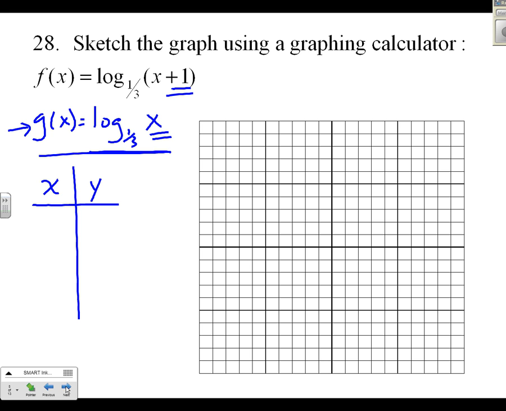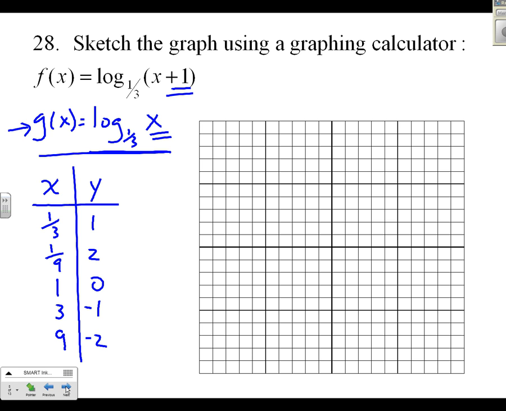Well, 1/3 could easily be turned into 1/3 with an exponent of 1. 1/3 could be turned into 1/9 with an exponent of 2. 1/3 could be turned into 1, as could anything, with an exponent of 0. And 1/3 could be turned into 3 with an exponent of -1. And 1/3 could be turned into 9 by flipping it with a negative exponent of 2.